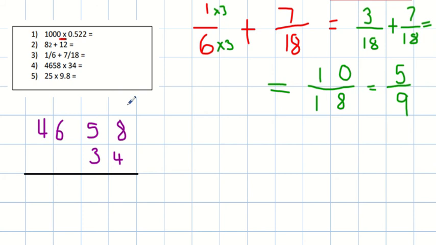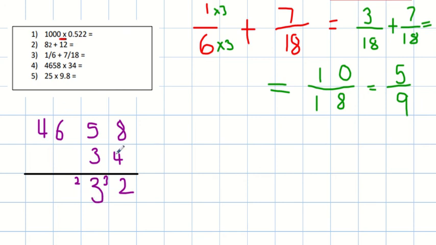Okay, so again, we've done lots of these at school, so hopefully you're feeling confident. 8 times 4 is 32. 5 times 4 is 20. Add the 3 we've carried, 23.